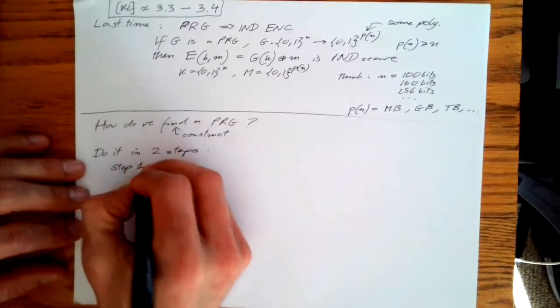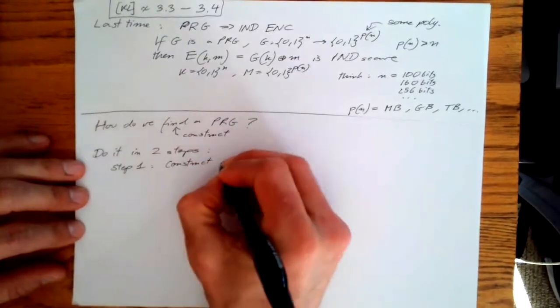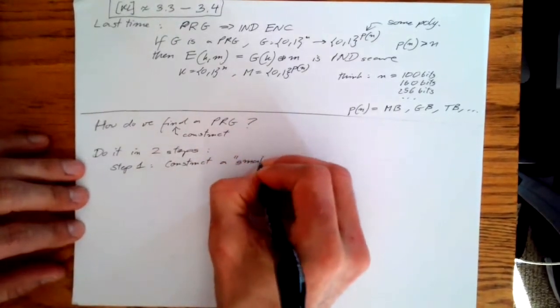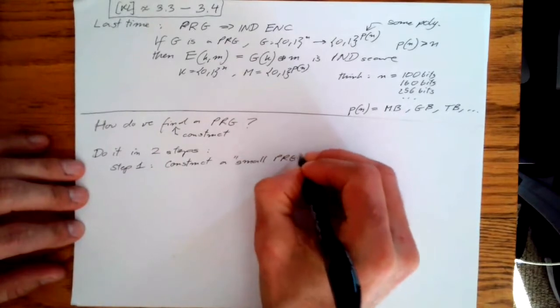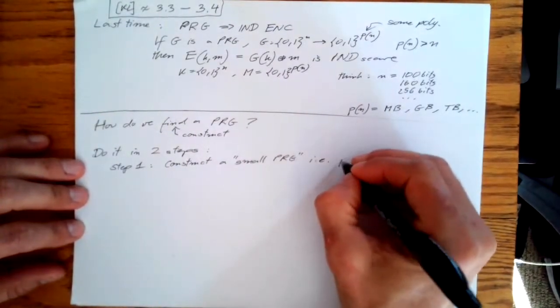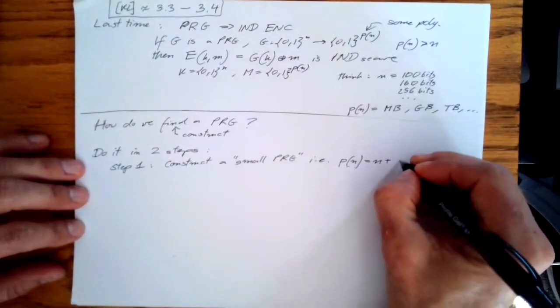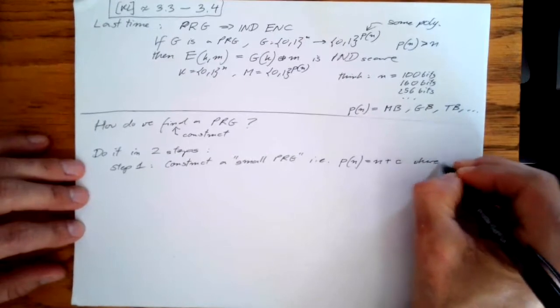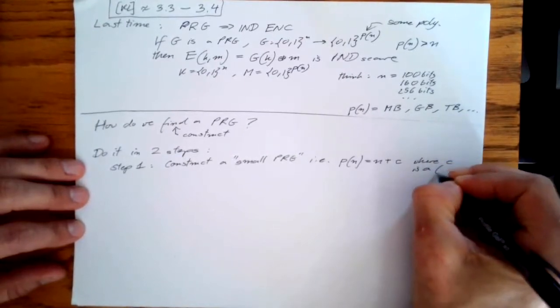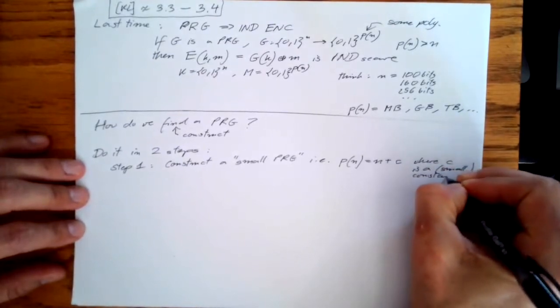Step 1 is construct what I will call a small PRG, i.e., p(n) is just n plus some constant c, where c is a small constant.